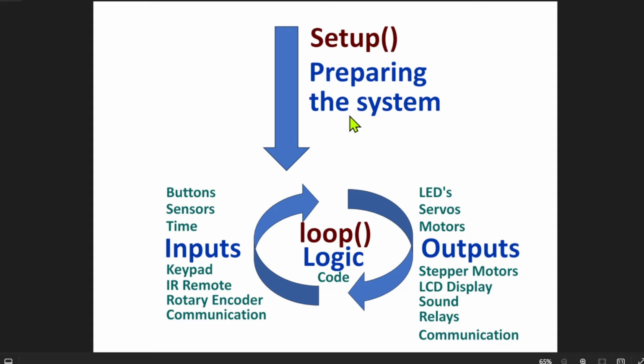Sometimes there are other things such as libraries that need to be started, but these are items that are done once. It's a bit like jumping in your car and starting the engine. The engine is now running. Now we're going into the loop, and we're going to start to deal with the different situations that we might come across as we're driving.